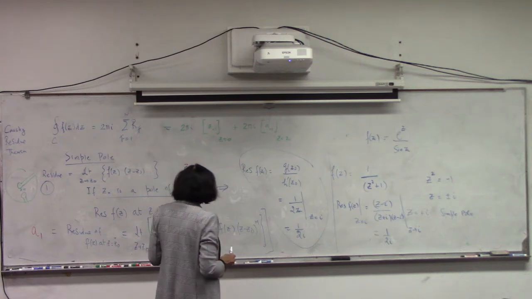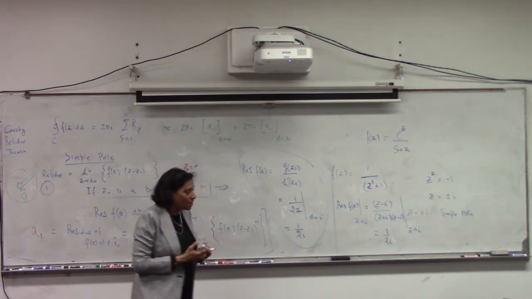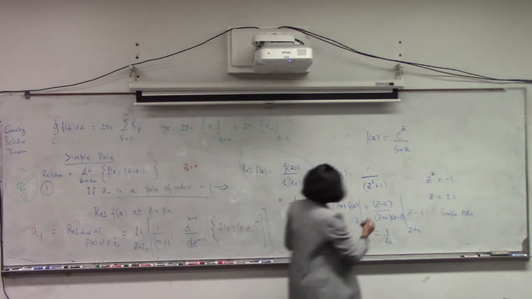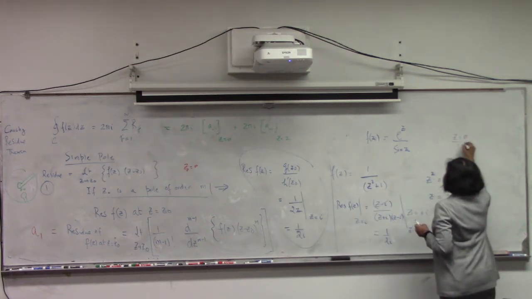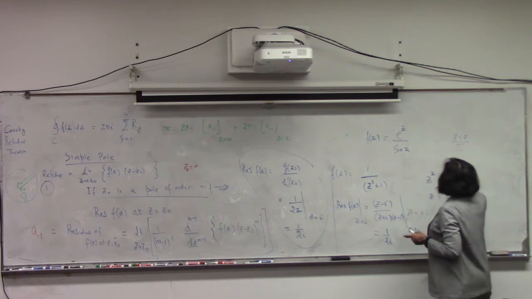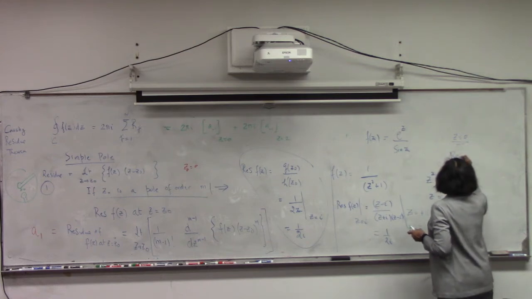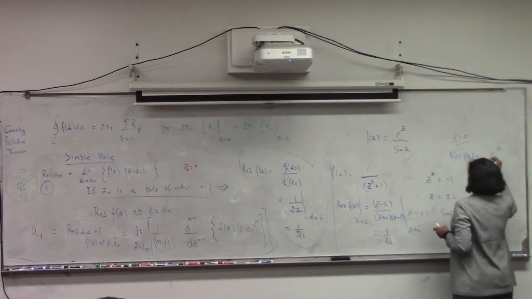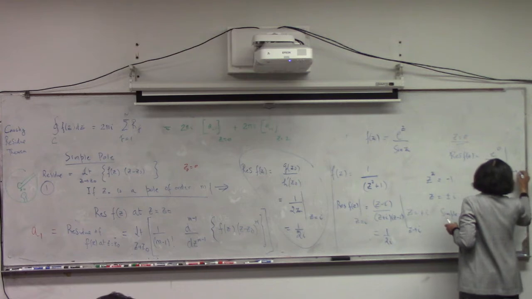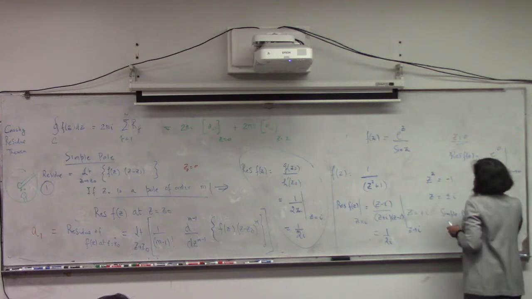In this case, it's not easy for me to know how to do it. So then I can use this formula very easily, because z equal to 0, we know the denominator is becoming 0. So the residue of the function is exponential of 0 over the derivative of the denominator at z equal to 0. So it is simply 1.